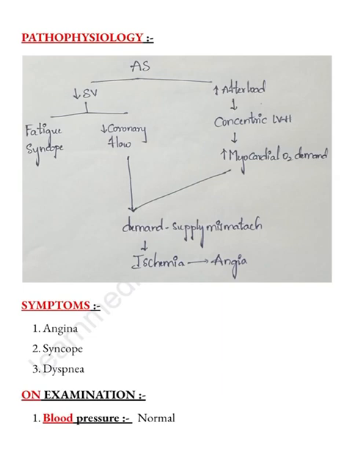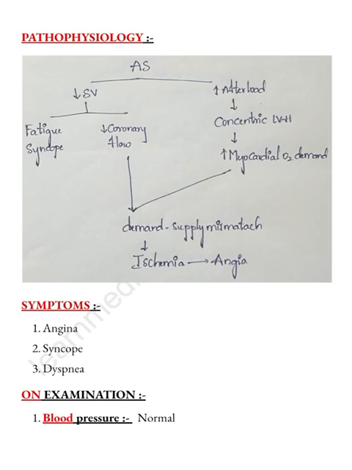Also here we need to know two things, that is preload and afterload. The preload is nothing but the end diastolic volume, meaning the workload on the left ventricle increases.